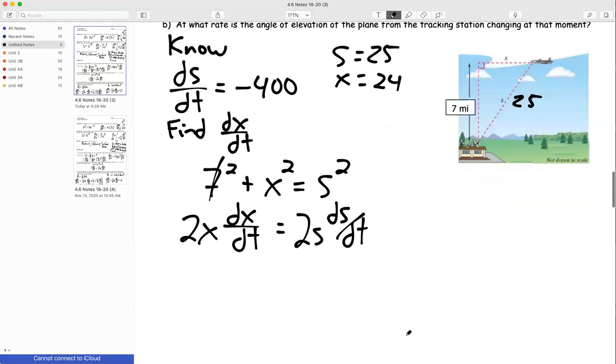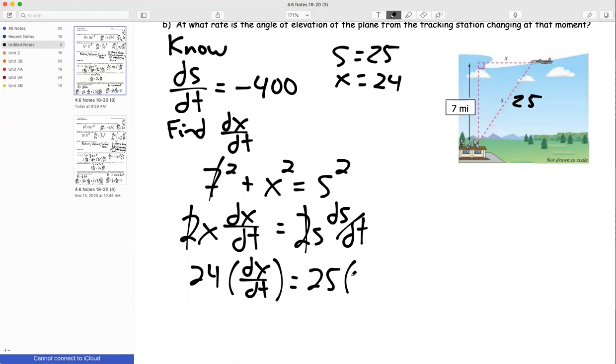And so now I'm going to simplify my life and divide both terms by 2 to get rid of the 2's. And I'm going to plug in what I know. x was 24, dx dt is what we were looking for, s was 25, and ds dt was negative 400.